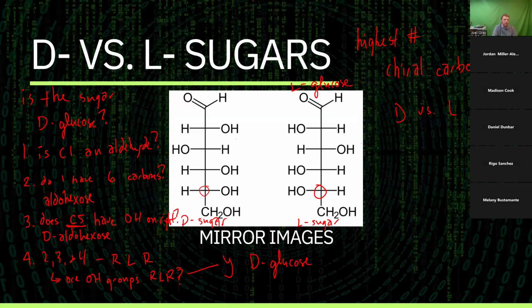Is carbon number one an aldehyde? Yes, it is. Do I have six carbons? Yes, I do. Does carbon number five have an OH on the right-hand side? Yes, I do. So therefore, I know it's a D-aldohexose. Then these carbons right here are the only ones that I care about. Is it right, left, right? If the answer is yes, then I have D-glucose. If the answer is no, then I've got something else.